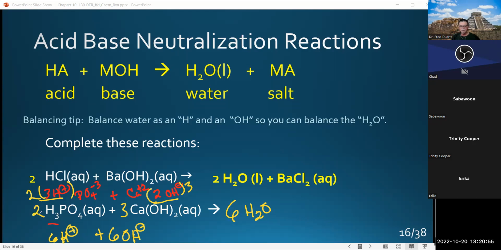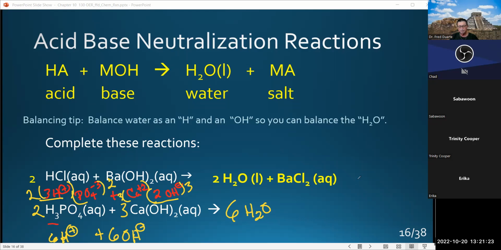Okay. So what that does now is that gives me a total of 2 phosphates on the left side and 3 calciums on the right. So knowing what they are, the phosphate is a -3, calcium is a +2.